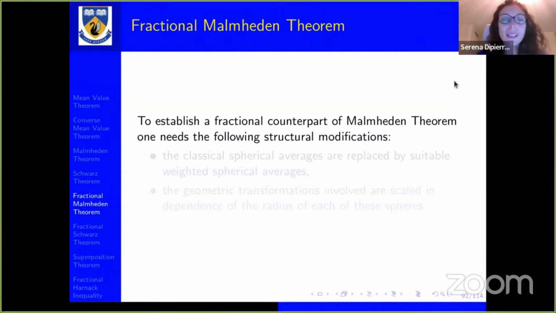I don't know. Yes, so we want to cook up a fractional counterpart of Malmheden theorem. So we need to employ some modification. So we've already seen with the fractional mean value formula that the fractional counterpart is slightly different because we had to add some weight.